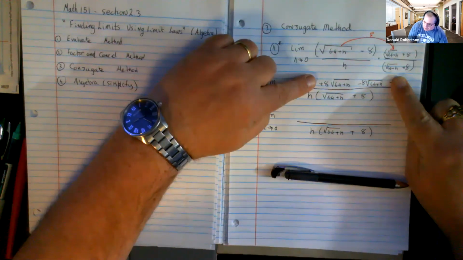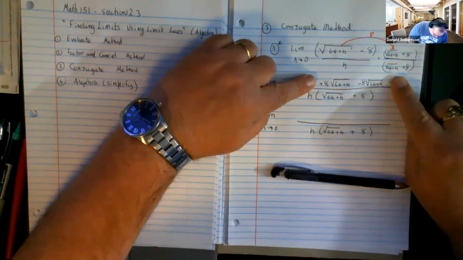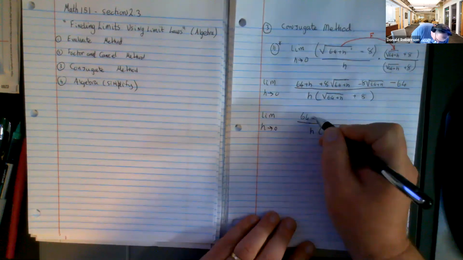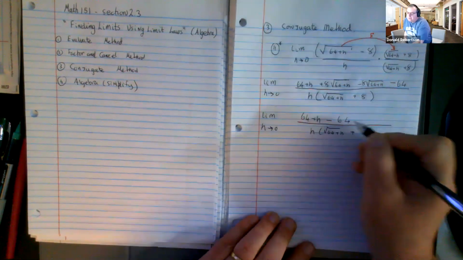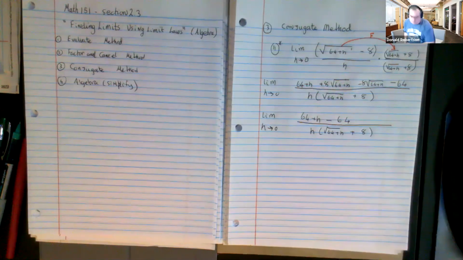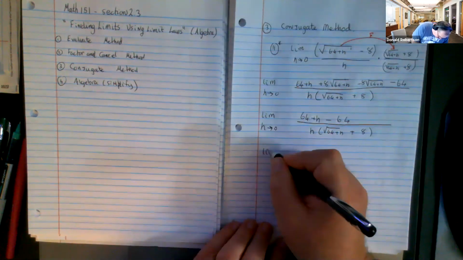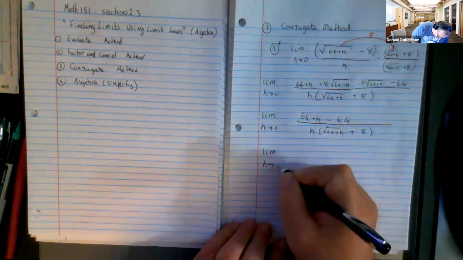That's always going to happen. And if it doesn't, check your FOIL, because it will happen, right? Which means that I don't have any more square roots to worry about on the top. Right? And now all I'm going to do is collect like terms.